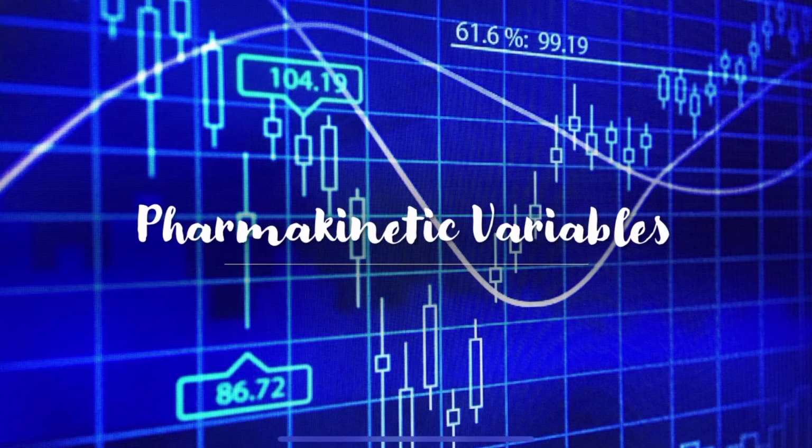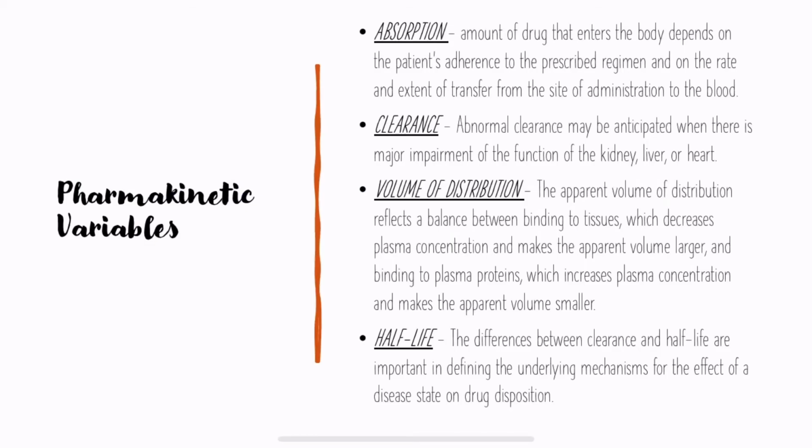So, pharmacokinetic variables. I apologize for the typo. Absorption: the amount of drug that enters the body depends on the patient's adherence to the prescribed regimen and on the rate and extent of transfer from the site of administration to the blood. Clearance: abnormal clearance may be anticipated when there is major impairment of the function of the kidney, liver, or heart.